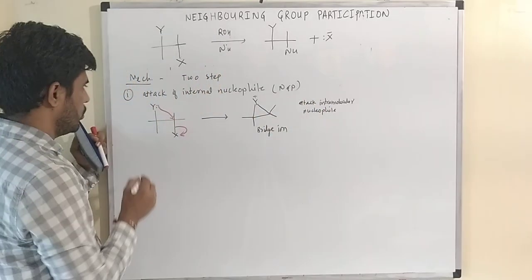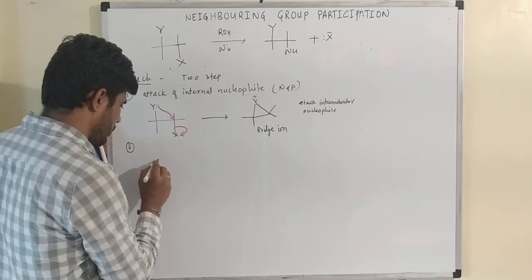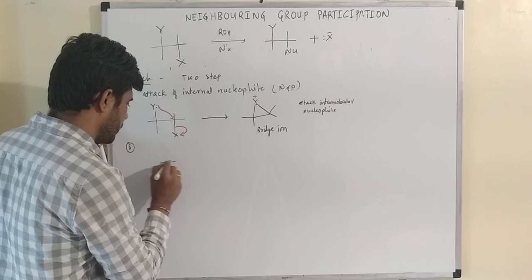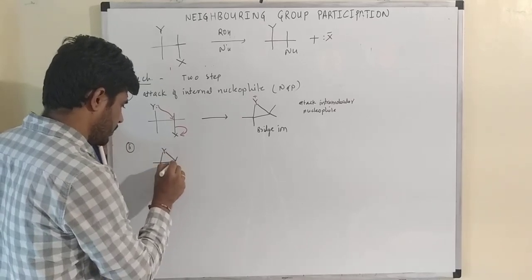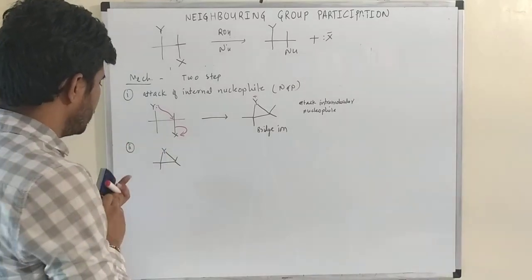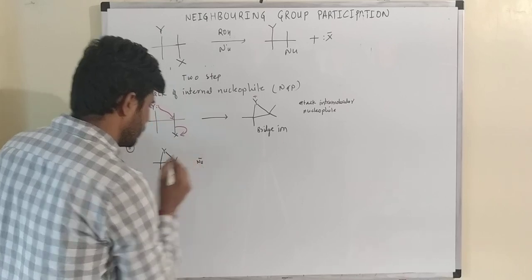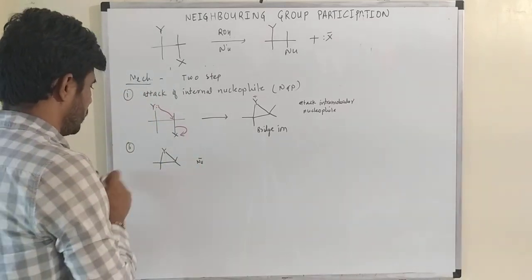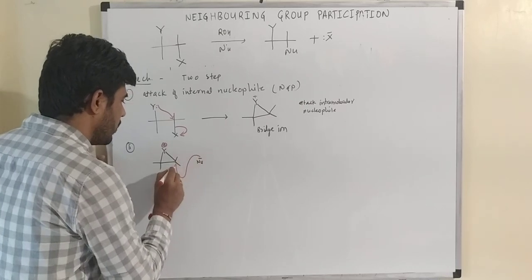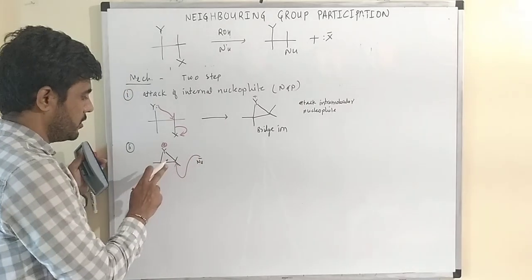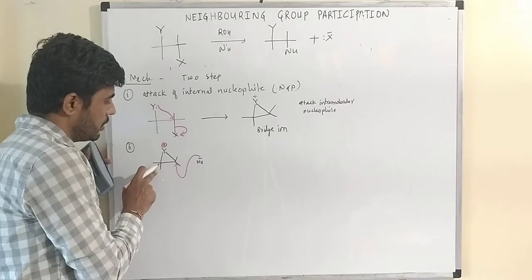Now in the second step, the external nucleophile will attack either this reaction center or this one, because both are identical and symmetrical.